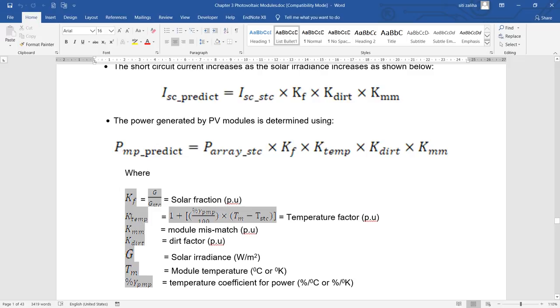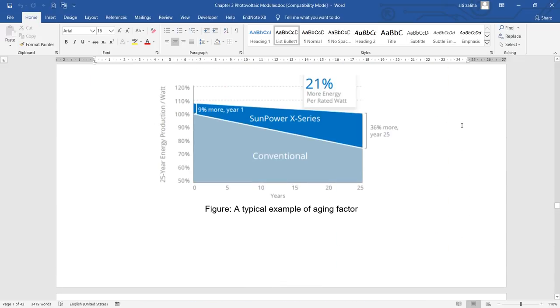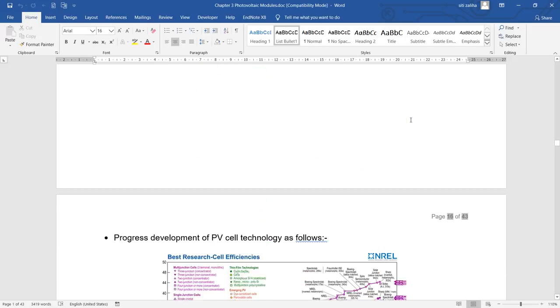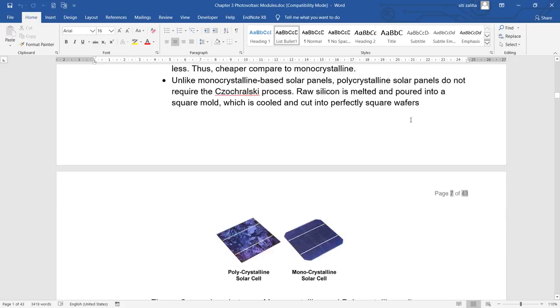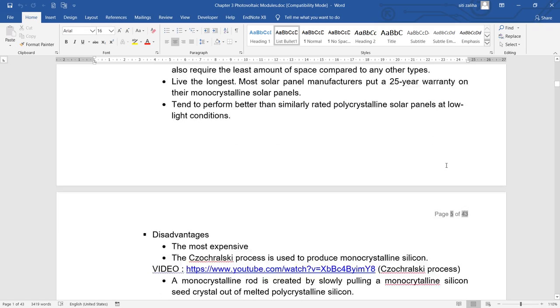So K temp, where P represents power, is 1 plus gamma PMP over 100 multiplied with Tm minus TSTC. KMM is the module mismatch. For power, you need to refer to the power tolerance. Where is the power tolerance? For example here, plus 5%.